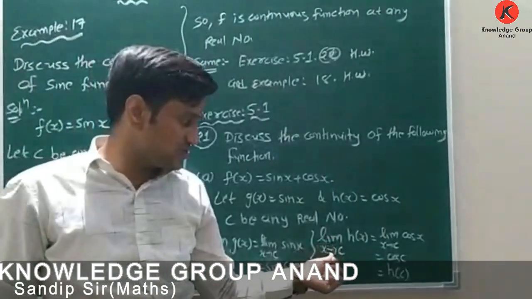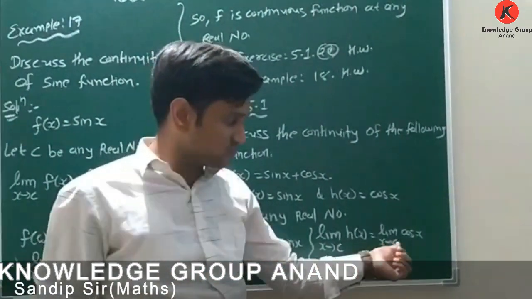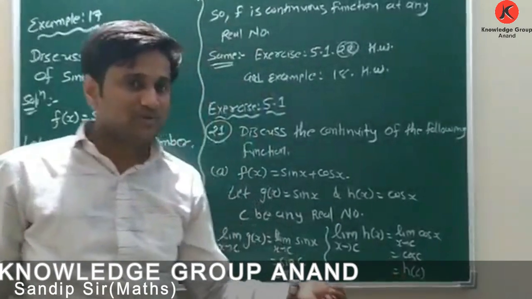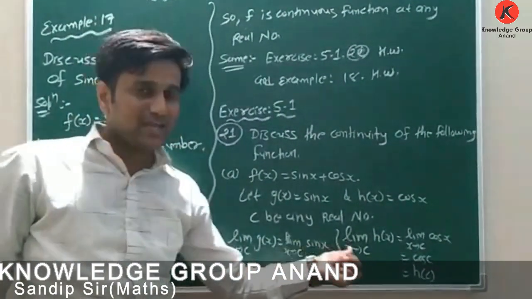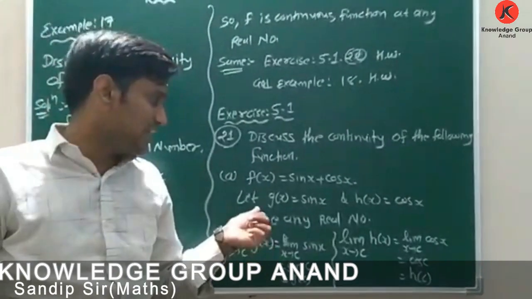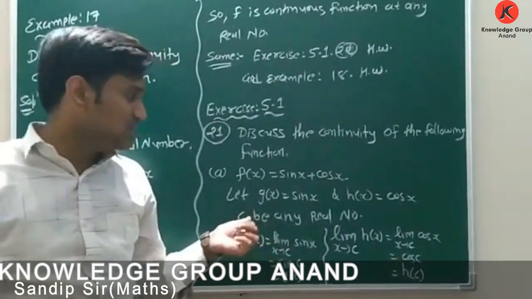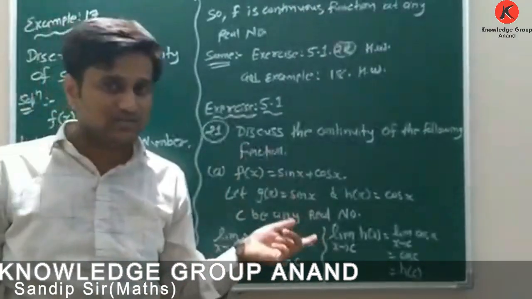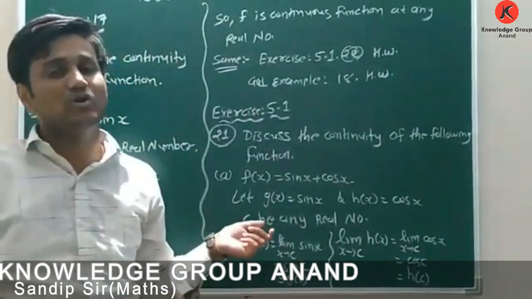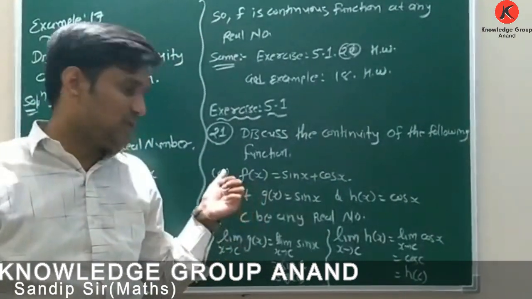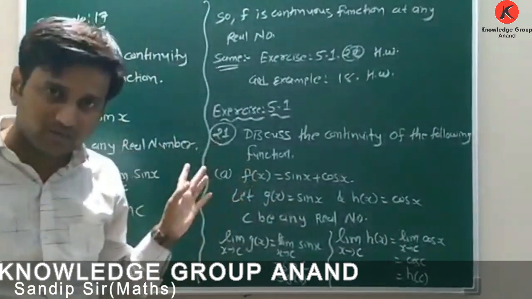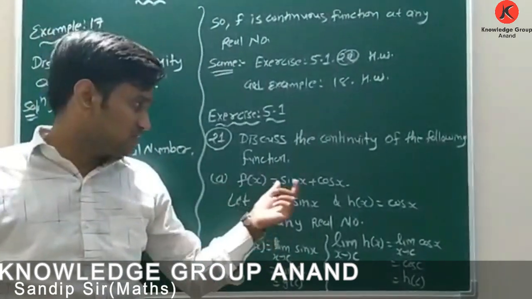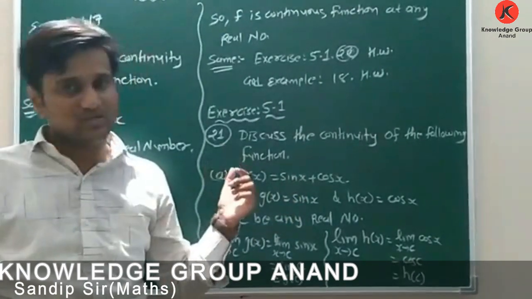Same way, limit x tends to c, h of x is equal to limit x tends to c, cos x, gives the answer cos c, and it's nothing but h of c, so we can say that g and h both functions are continuous at x is equal to c. So the summation, subtraction, as well as multiplication of these two functions is also a continuous function. Okay, so a, b and c of 21 are complete. That means sin x and cos x both are continuous functions, so their summation, multiplication as well as subtraction is a continuous function.